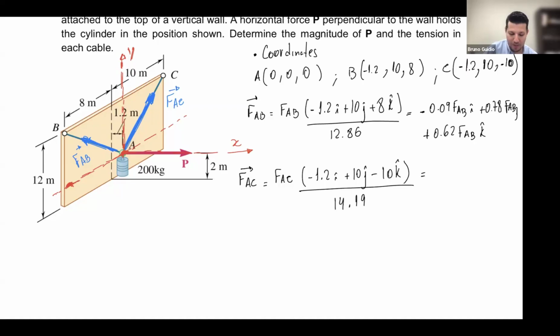Negative 1.2 divided by 14, negative 0.085 FAC. 10 divided by 14.7, FAC. And 10 divided by 14, negative 0.7 FAC.